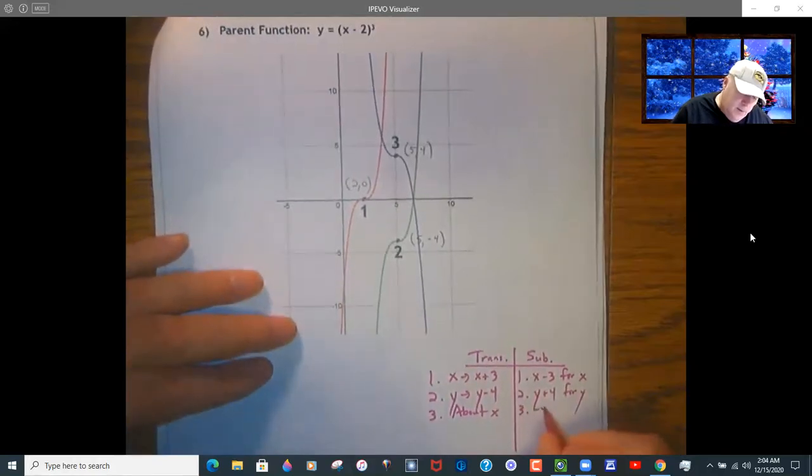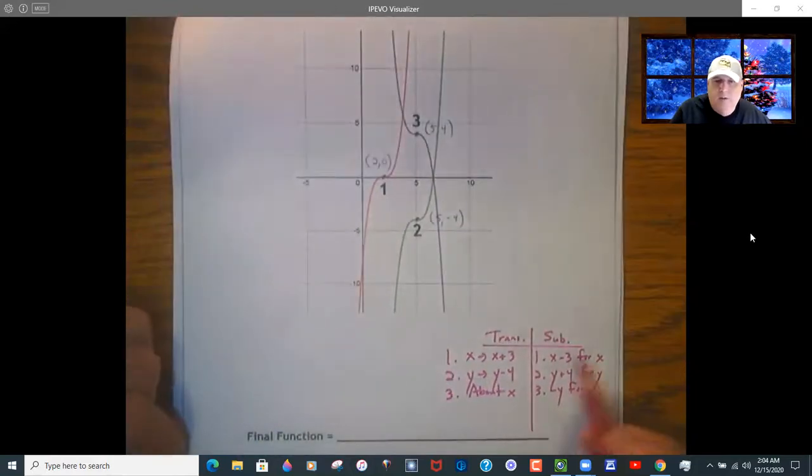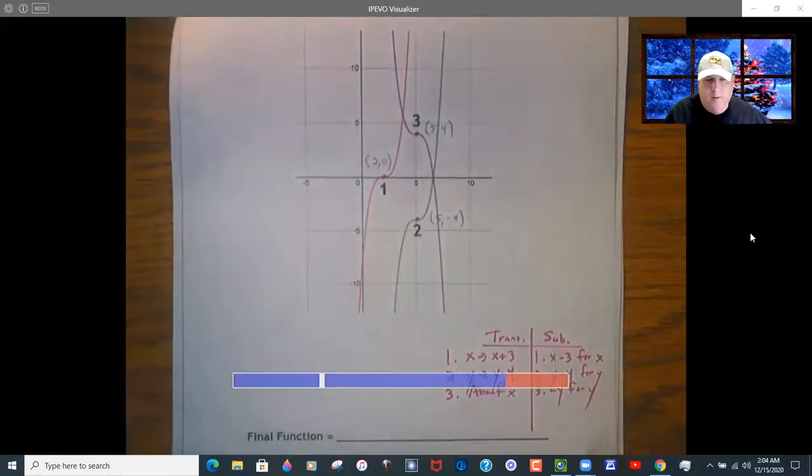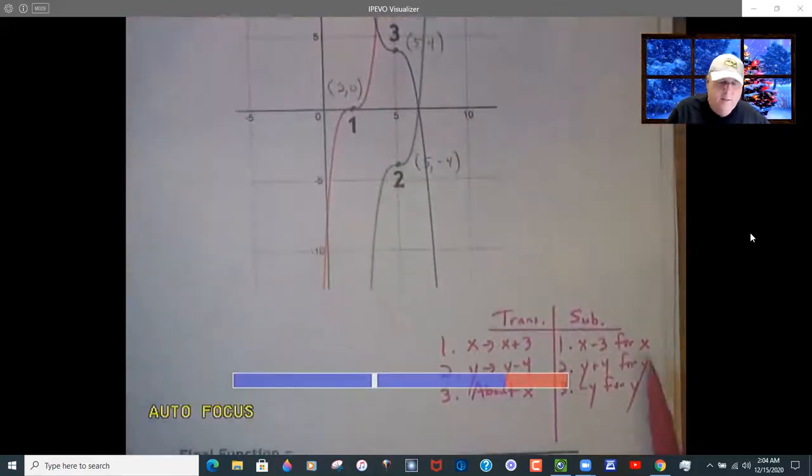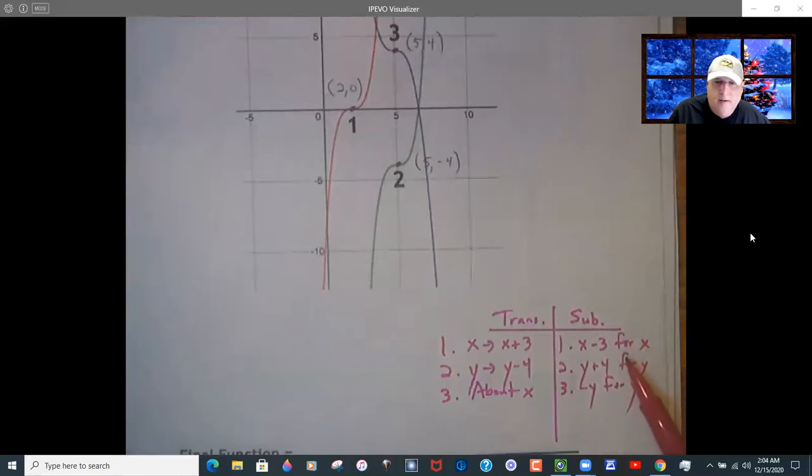And then negative y in for y. You can write it either way. I've been going back and forth. Don't get confused with it. So you can say x gets replaced with x minus 3, y gets replaced with y plus 4, y gets replaced with negative y. Either way.